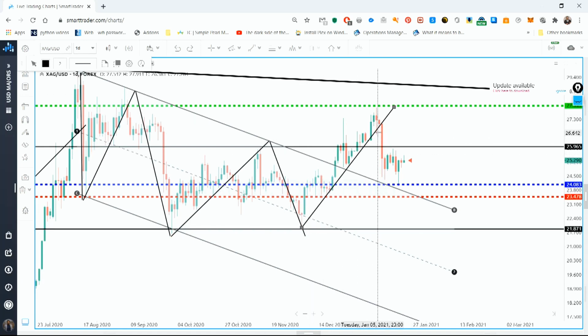I pointed out in the last class that I was looking to buy around here, and I did. I bought the pair around here, and this is what I was risking. Now you can see this is overall where I'm targeting. Based on this price structure, I do expect silver to come back and retest.